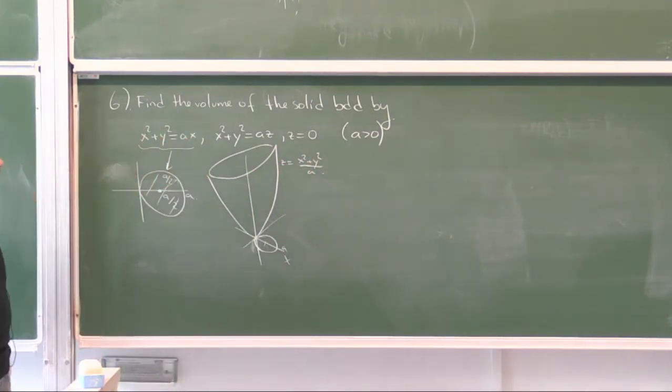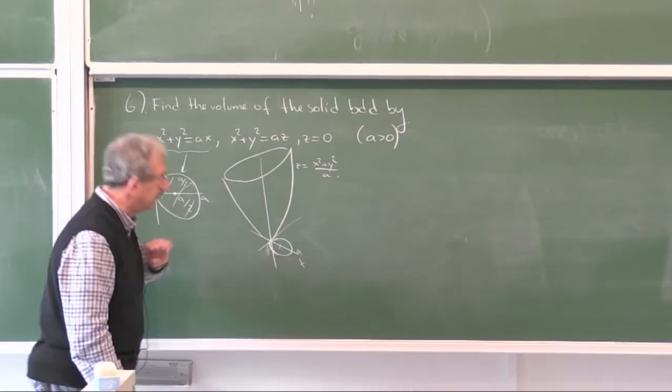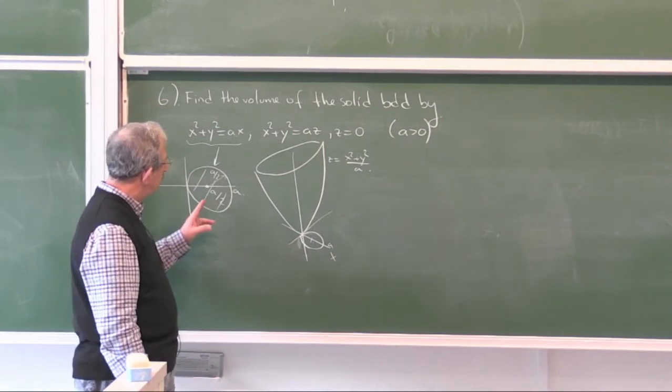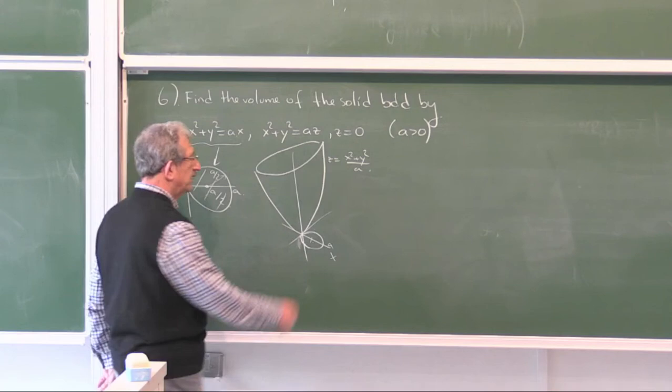Okay, and we have the xy plane. Now, firstly, this is not a circle because we are in 3 space. It is a cylinder.